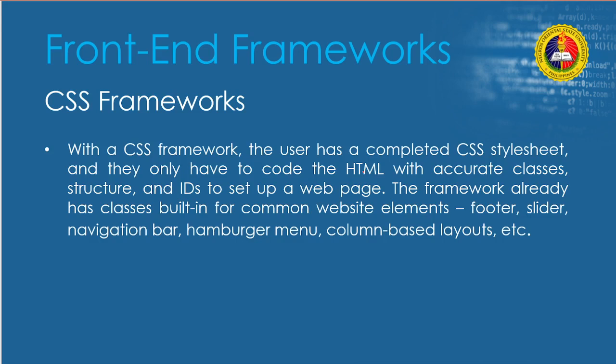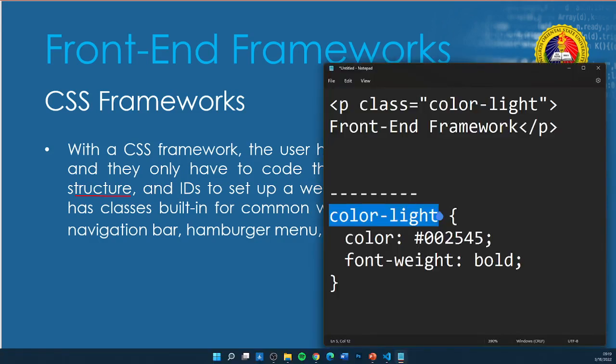So let's say p and then class and then color light. And that's it. Instead of writing this code, all we need to do is just call the class that is being used. Since it's already in our framework, all we do is call it and add it in our HTML. So that's essentially how CSS frameworks work.